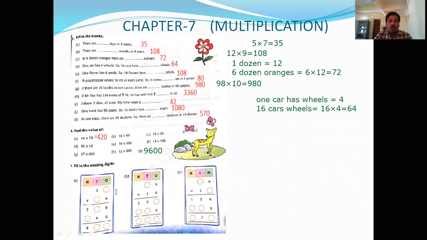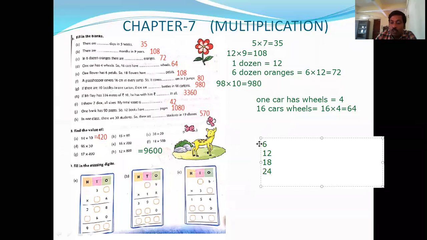Now this is another type of question: fill in the missing digit. How can we solve it? 6 times the blank space. 6 multiplied by which number gives 8 as the unit digit? 6 ones are 6, 6 twos are 12, 6 threes are 18, 6 fours are 24, 6 fives are 30, 6 sixes are 36, 6 sevens are 42, 6 eights are 48, 6 nines are 54, and 6 tens are 60.